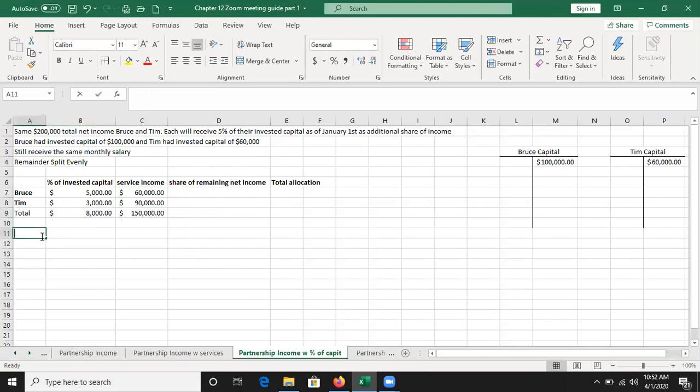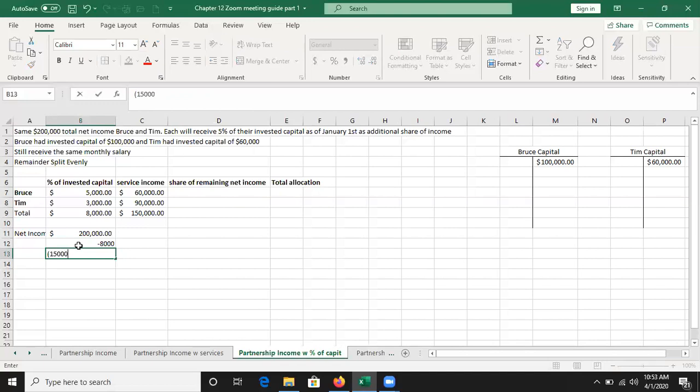And what we would do is we would take the net income, 200,000, and we would subtract, let me put it like this, the total 8,000 right there, and we would subtract the total 150,000 for their service agreement.